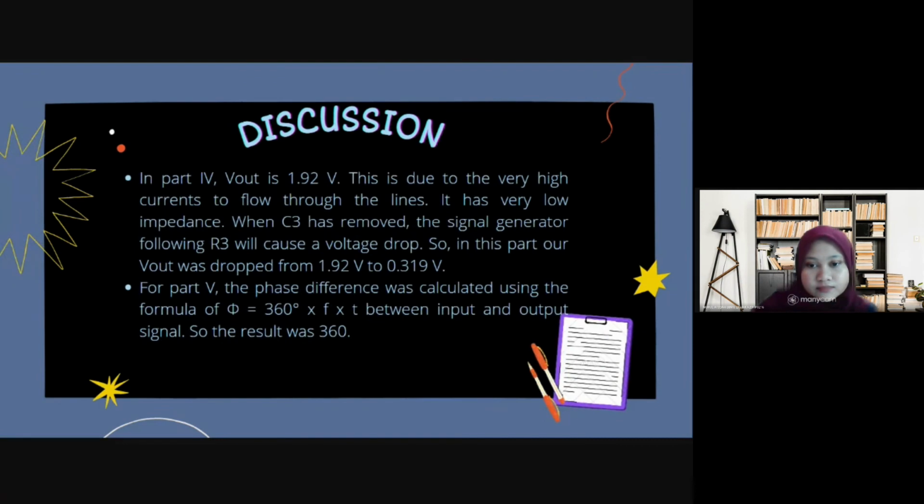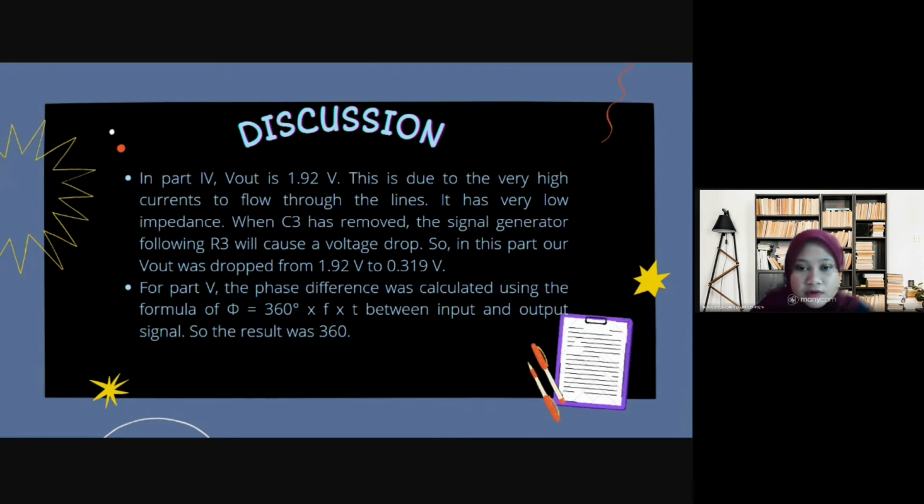Next, in part 4, V output is 1.92 volt. This is due to the very high current flowing through the lines. It has a very low impedance when C3 is removed. The signal generator following resistance 3 will cause a voltage drop. If you can see, the first voltage we got is 1.92, and then it drops to 0.319 volt.